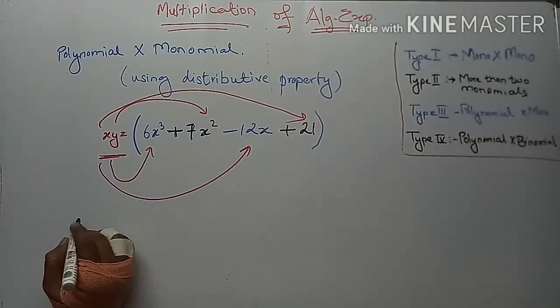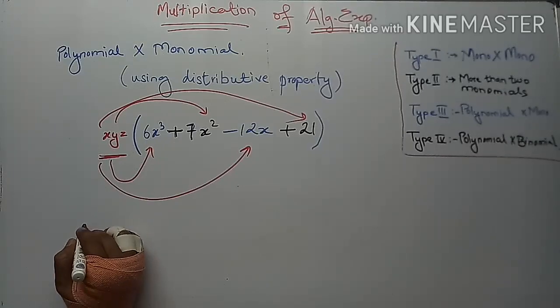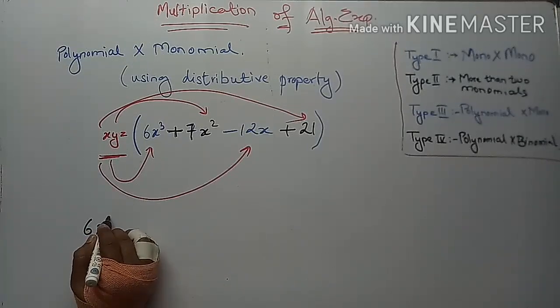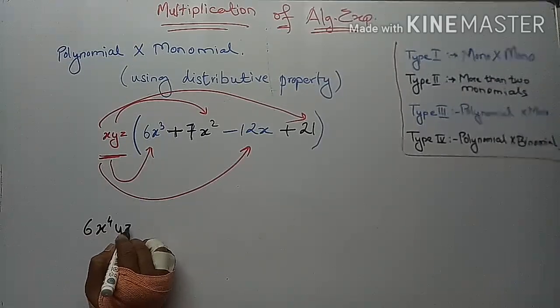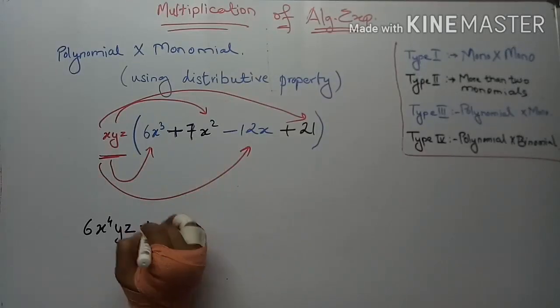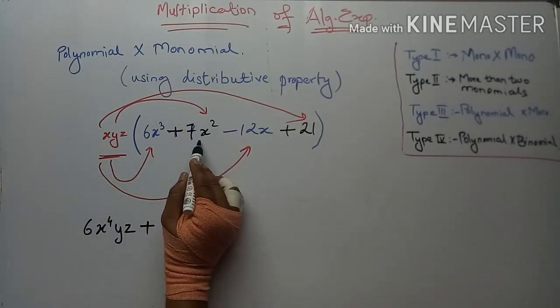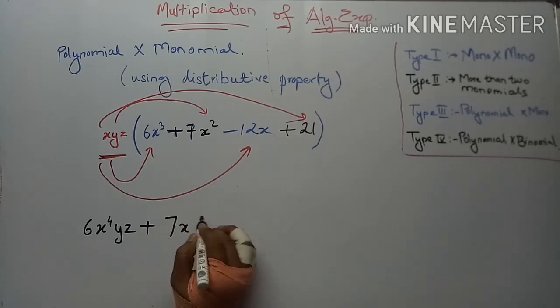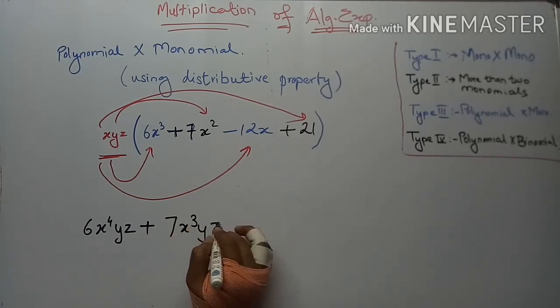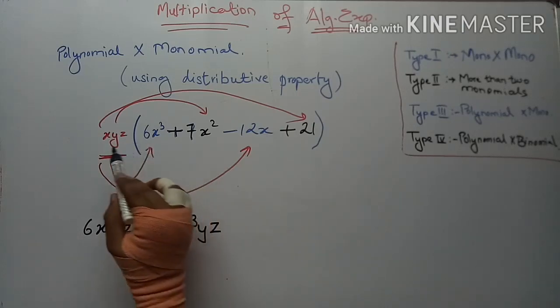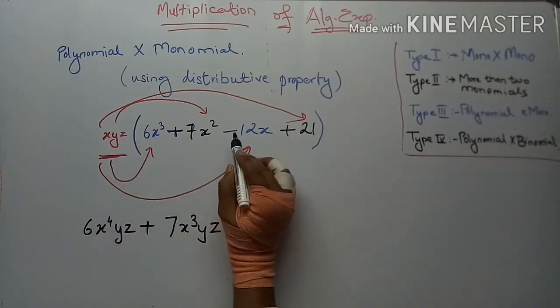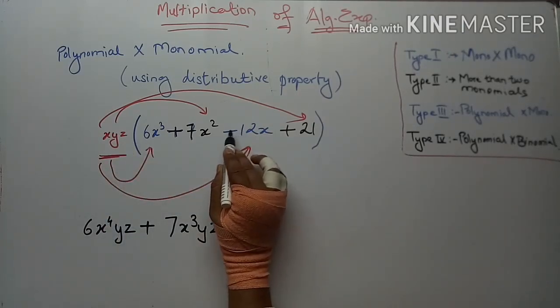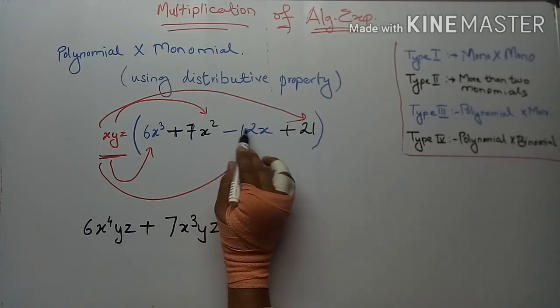xyz into 6x cube will give me 6x raised to 4 yz plus, next will be 7x square into xyz, that gives me 7x cube yz. Now xyz into minus 12x, also remember the sign which is just before the term.